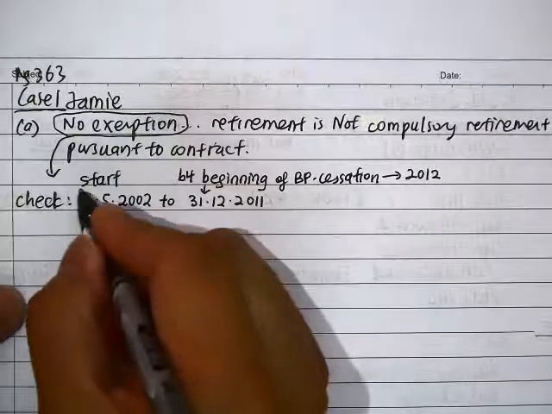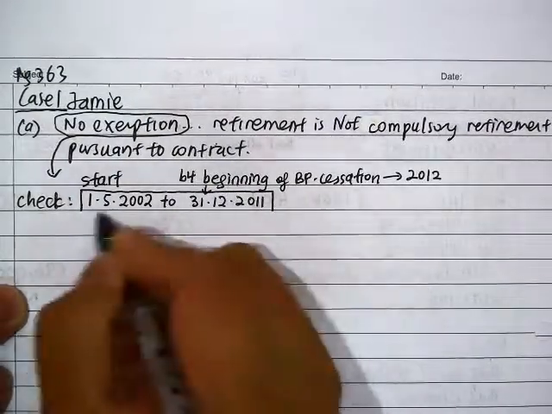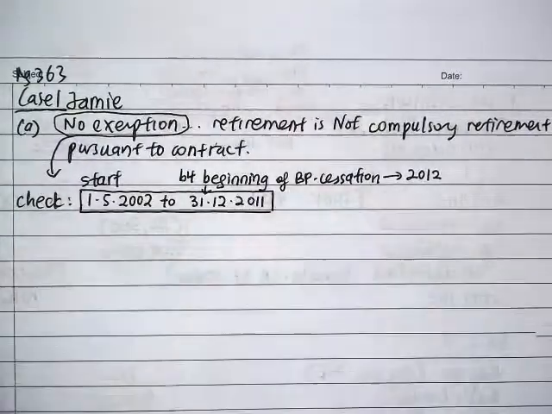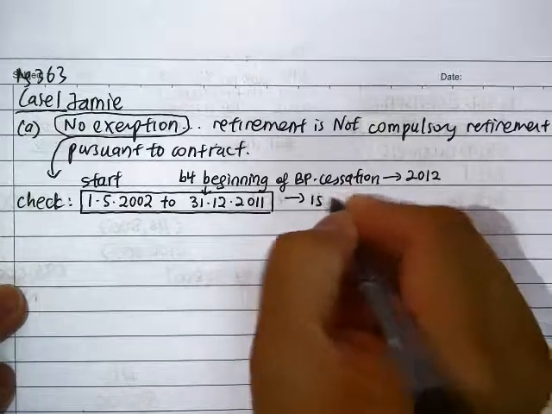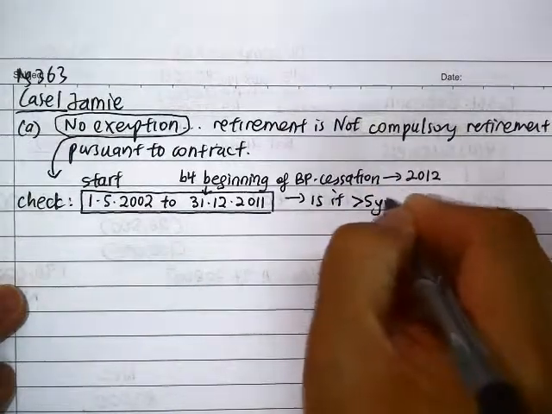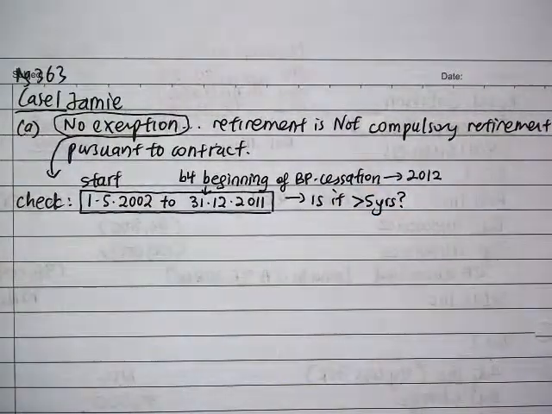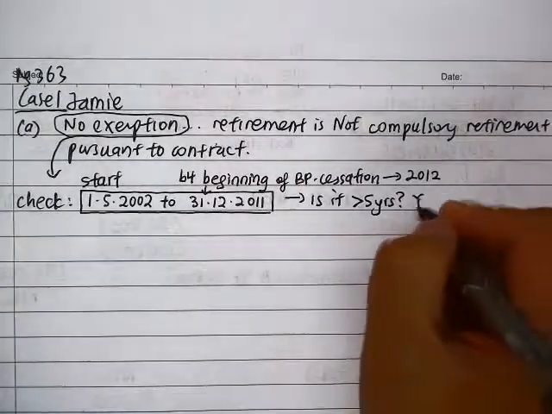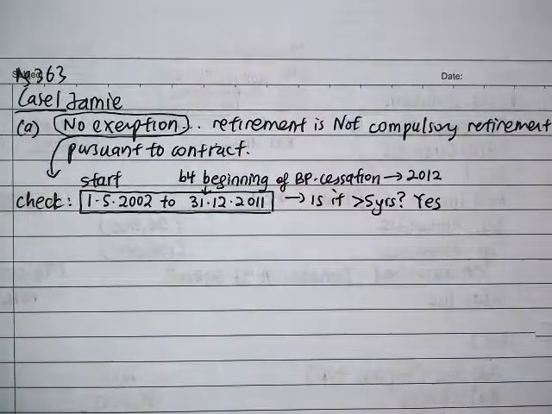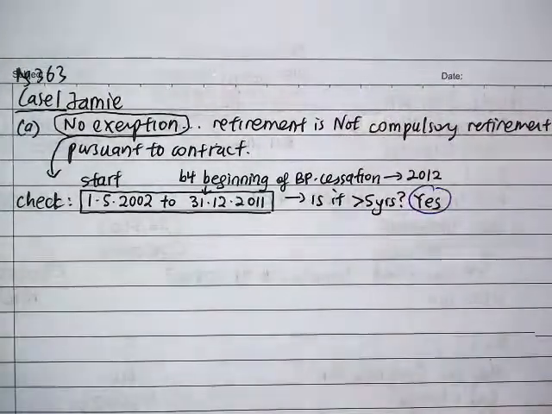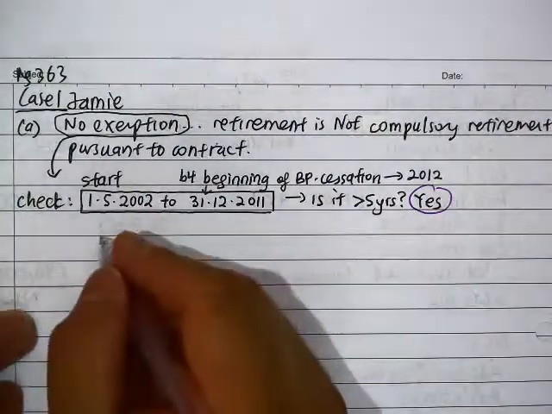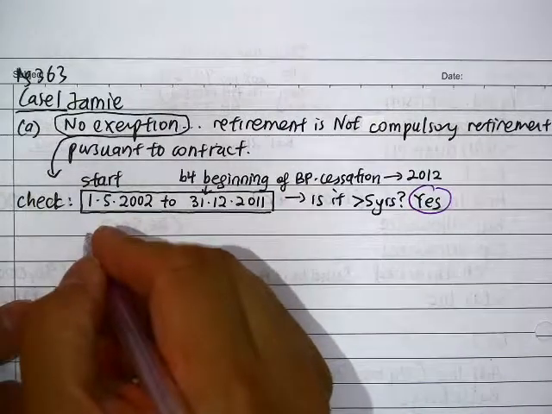Is this whole period more than 5 years? It's quite obvious, right? Yes. If it's more than 5 years, then how do you assess the gratuity? Then you will spread back 6 years.